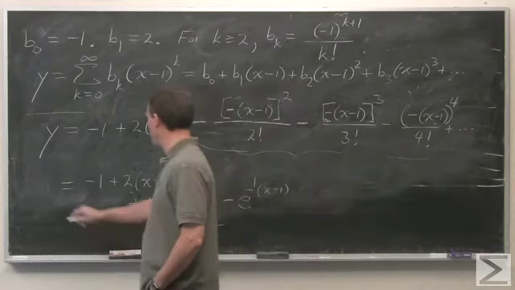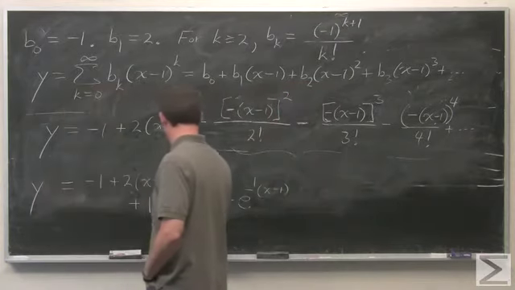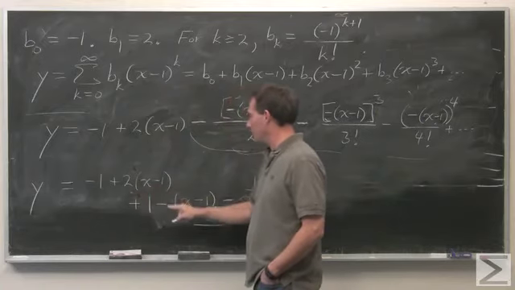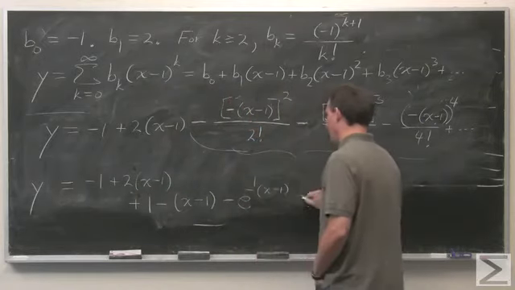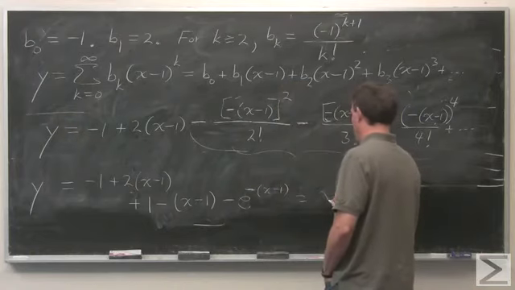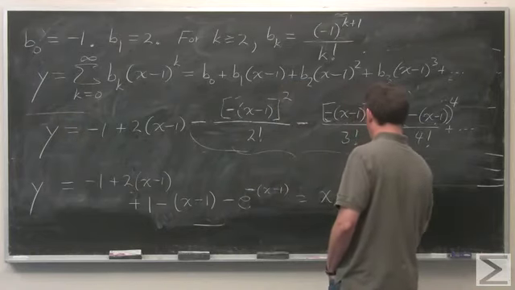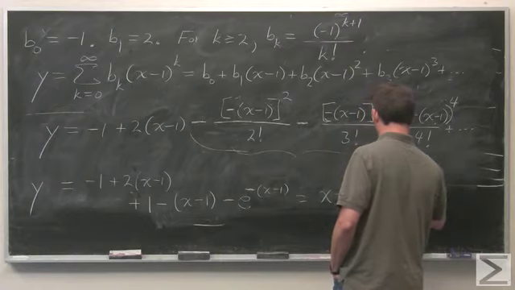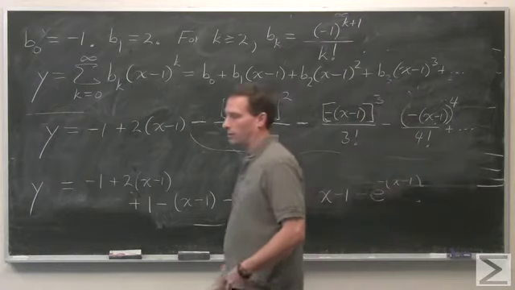So this is what we're getting for y. You can cancel these ones. 2 times (x minus 1) minus (x minus 1). You end up with x minus 1 minus e to the minus (x minus 1). All right.